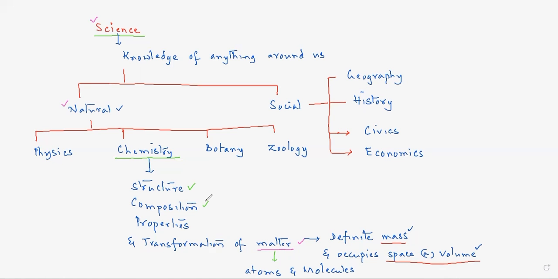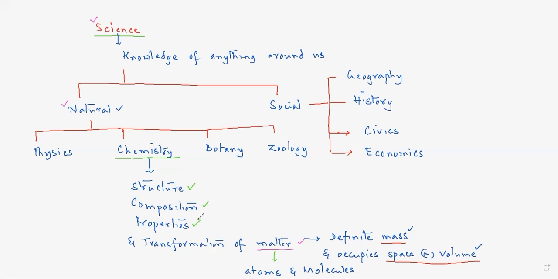If it is made up of, say, atoms or molecules, in what proportion they have been mixed, combined, the composition, the proportion, the ratio. We'll go for all these things, of course. Then, what are the properties of the matter? What are the physical properties of the matter? For example, the physical properties like melting point, boiling point, density. These are all the physical properties.